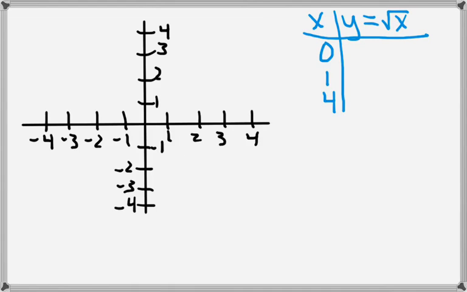I'm going to go ahead to 4 here. So square root of 0 is 0, square root of 1 is 1, square root of 4 is 2. That gives us some points that we can plot. So there's our basic square root function.